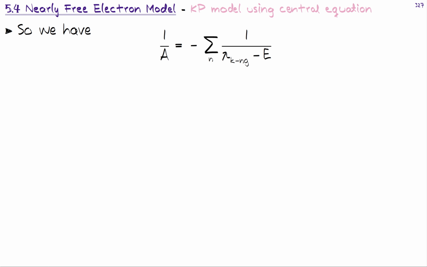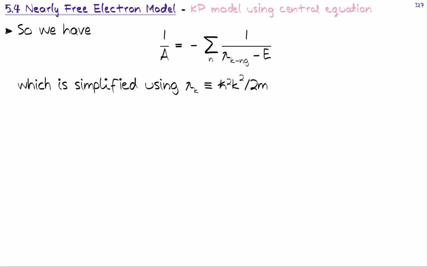And now we can start wrapping this up into the sought form. Recall we used a simplification, so this lambda_k was equal to the kinetic energy term, that was h bar squared times k squared divided by 2m.